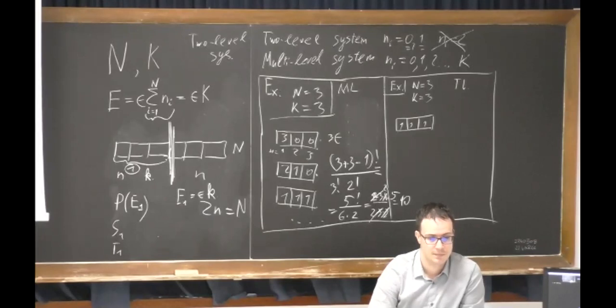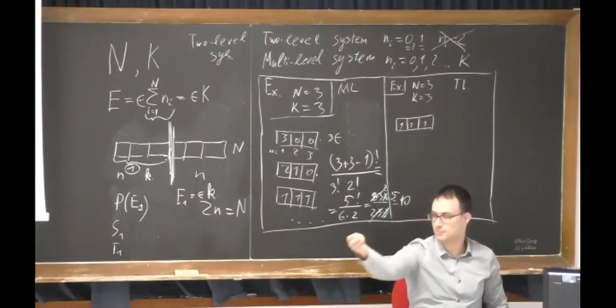And since we are interested in the first part, the number of possibilities should be the combination of N1 in the total number of particles we have in this system.